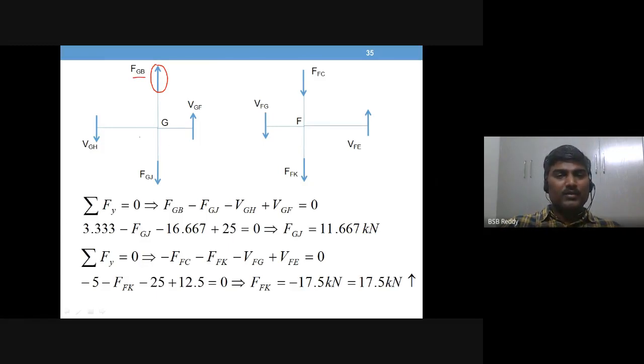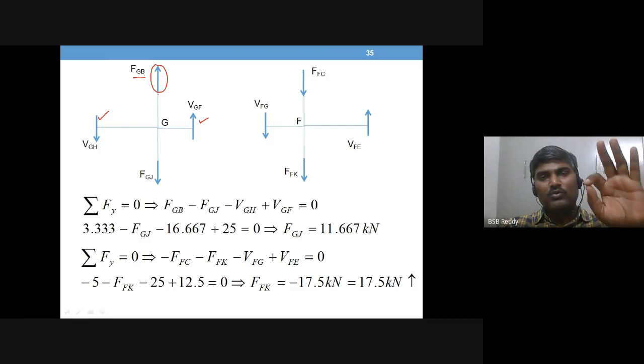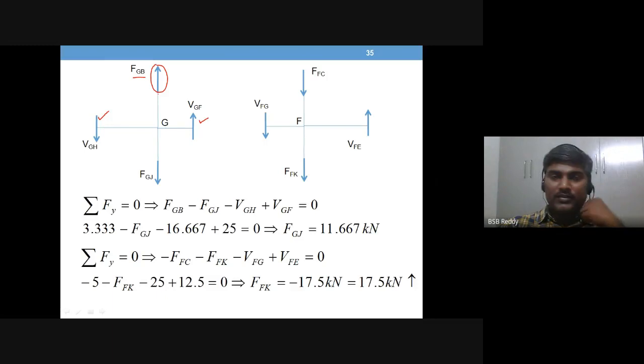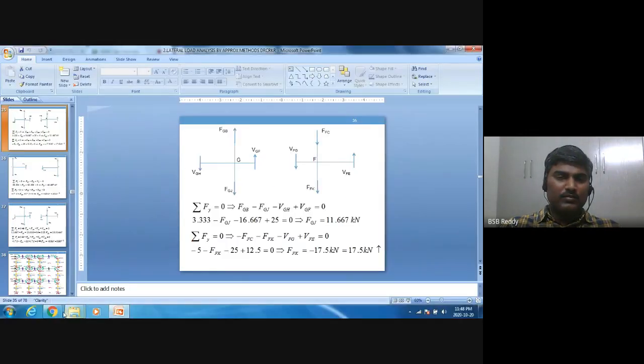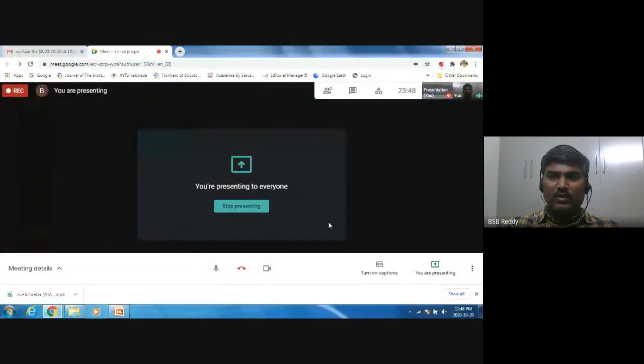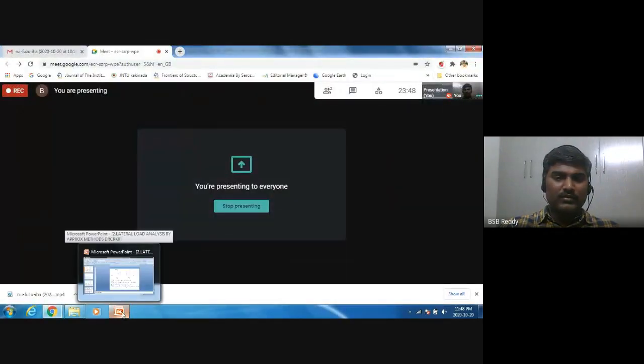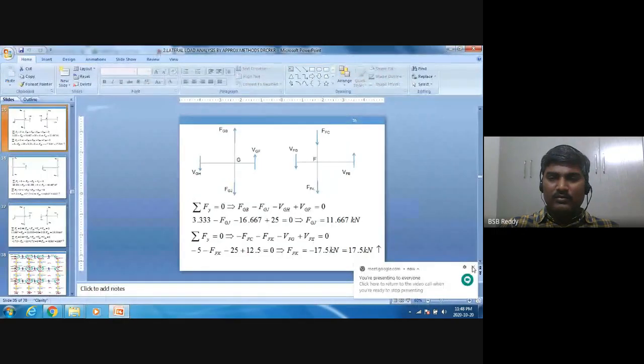Okay. So shears you don't need to worry. Only column axial loads, how you take them when you change the joint, that is the key point. Okay, right. So this is how you are following it. Okay, so I don't know how far you are getting that. Okay, so let's go back to the PowerPoint.